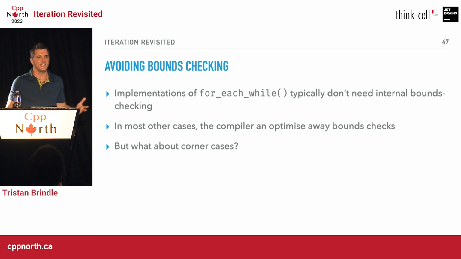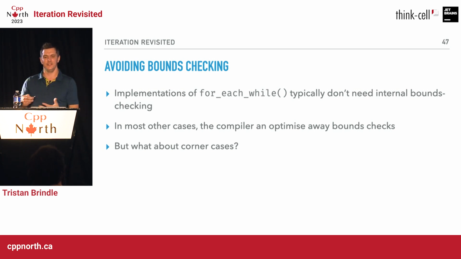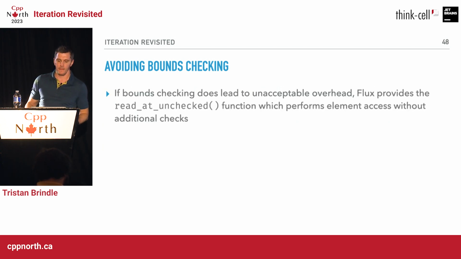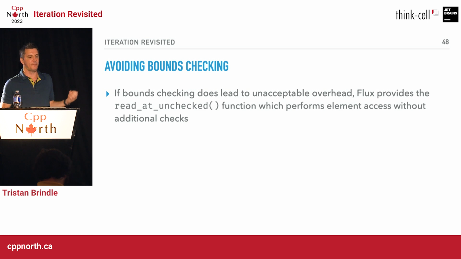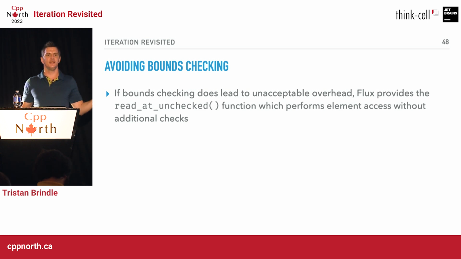What about corner cases? What if there are cases where you look at your code, you profile, and you can see that this bounds check is happening, it's slowing me down by a tiny percentage, but in this case, that's important. In that case, if bounds checking does lead to an unacceptable overhead, we've got this alternative version of read at. It's called read at unchecked.